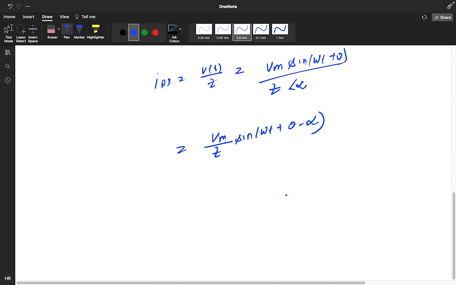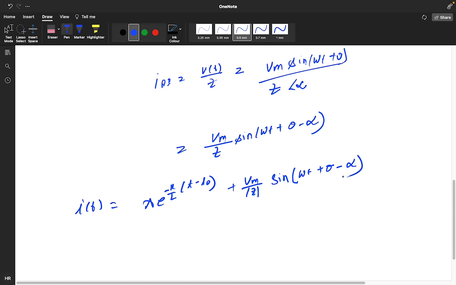So the I of t equation you will get is A e power minus R by L t minus t naught plus Vm by mod Z sine omega t plus theta minus alpha.